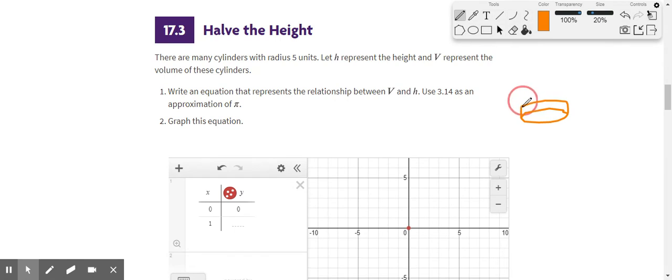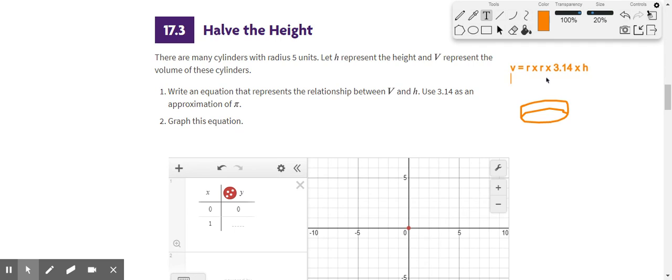of 1. So now I need to use my formula where I have V, the volume, equals radius times radius, r squared, times pi, and we're going to use 3.14 for pi, and then times the height. I know what the radius is, so I can go ahead and plug that in.